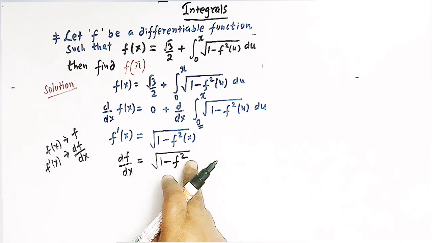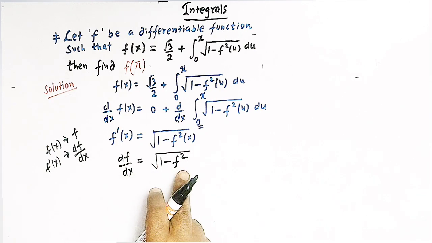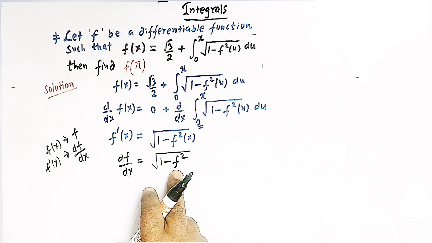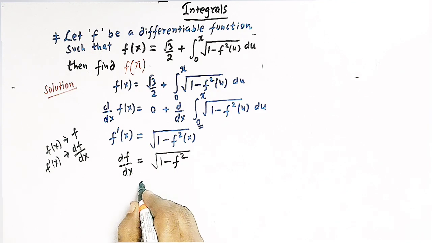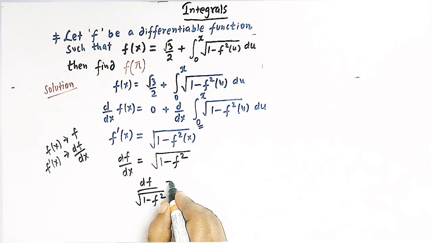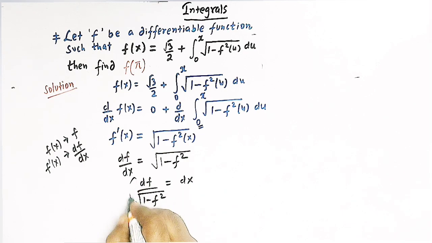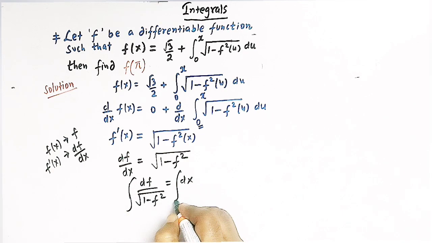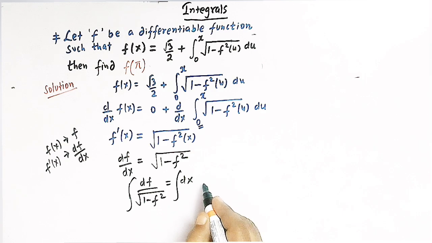So separating the variables, because this differential equation is in variable separable form, we have df over square root of 1 minus f square, and here we have dx. Now integrating both sides with respect to x, and c is the constant of integration.